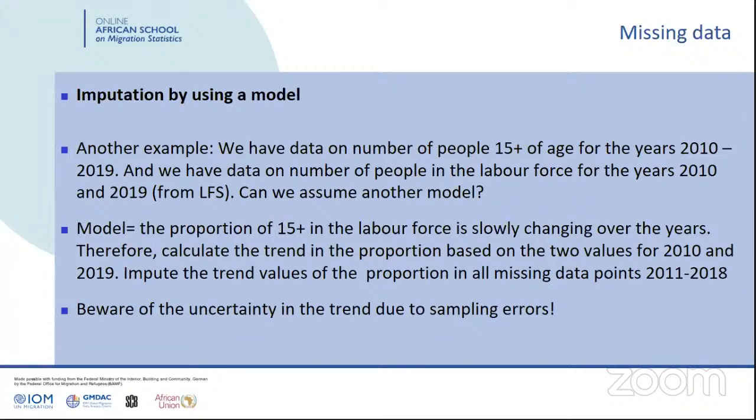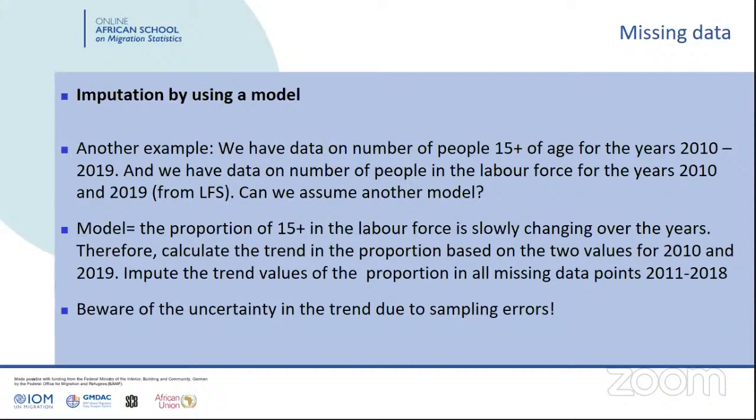Well, in this case, it would probably be better to see if we can find a trend, because we have a value for 2010 and another value for 2019. That's 9 years in between. And if there is a trend in the participation rate, we may see that in our 2 measures from the labor force survey.